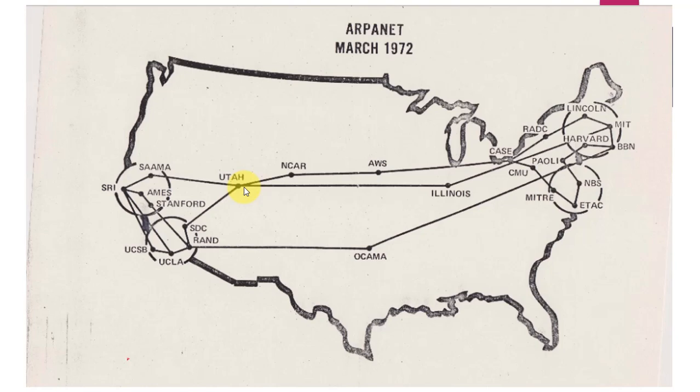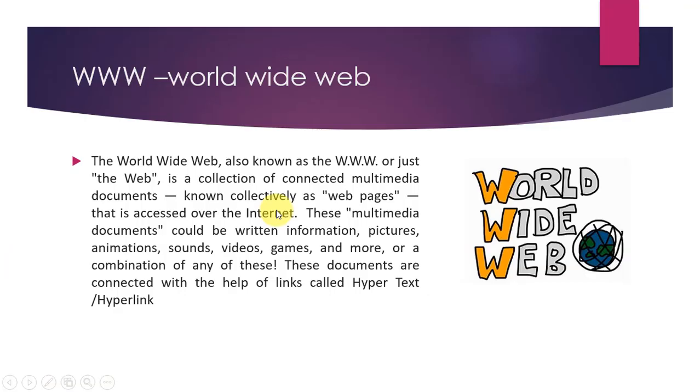And slowly, many more companies and organizations poured their research as well as their money so that the current state of internet can be achieved. So you can say that ARPANET was the father of all the networks which we can see today. Okay, so now let us move to our next topic, that is World Wide Web.